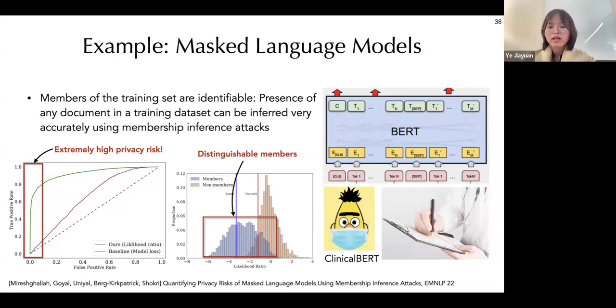The membership patterns are also very, very distinguishable for some data points. The experiments are done on clinical BERT, which is a sanitized version of a medical data set where medical records are supposed to be sensitive, but due to the anonymization, it probably isn't so serious. It's just illustrating the possibility of doing membership inference attack in these settings.